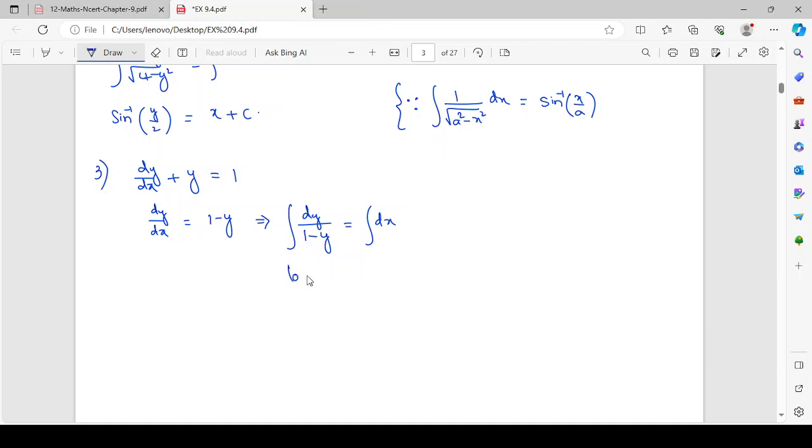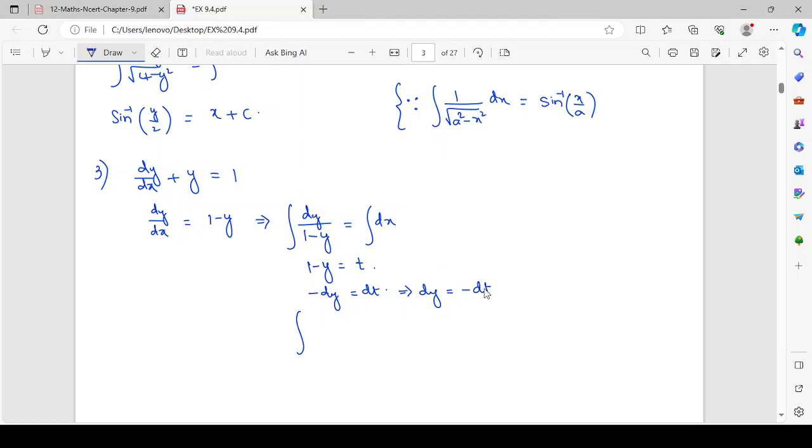So this integration is log of modulus of 1 minus y divided by minus 1, because y has a negative coefficient. If you are not able to understand this, let us go into it in depth. Here I am going to consider 1 minus y equal to t. Differentiating on both sides, minus dy equal to dt, or dy equal to minus dt. Now the left hand side you convert entirely in terms of t.